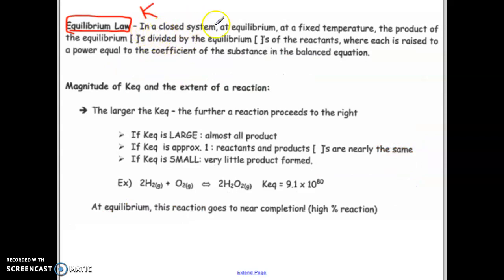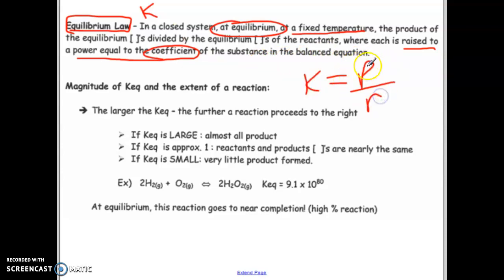It says, in a closed system at equilibrium at a fixed temperature, so meaning it has to be at equilibrium and at a specific temperature, the product of the equilibrium concentrations divided by the equilibrium concentrations of the reactants, where they are raised to the power equal to the coefficient of the substance in a balanced equation. So in a nutshell, it's products over reactants. You multiply the concentrations, the exponent is the coefficient. What you end up getting is a constant ratio for that particular temperature with that equilibrium.